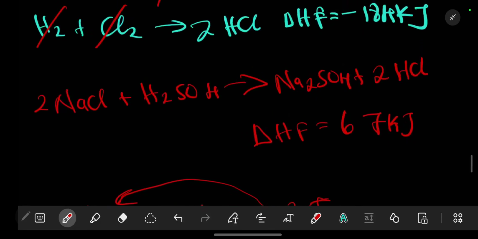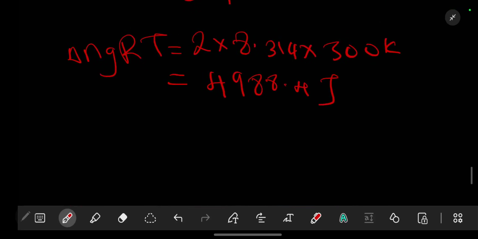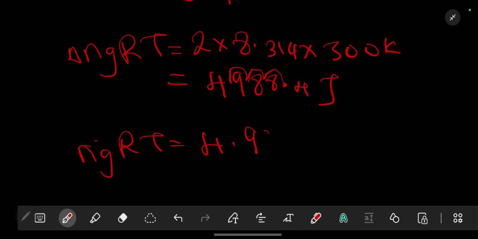Now remember, as you can see, the enthalpy is in kilojoules, so we need to convert this value into kilojoules. Kilo is 10 to the power 3, so you just move 3 steps backwards, 1 2 3. So the change in n times RT will be equal to 4.99 kilojoules.